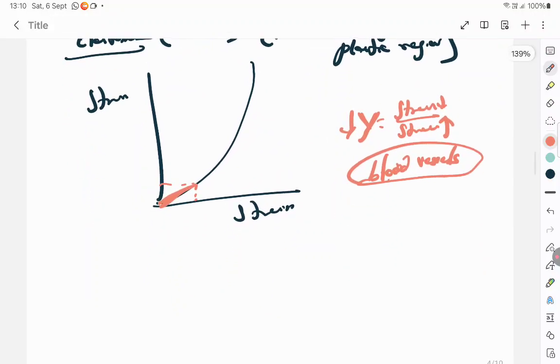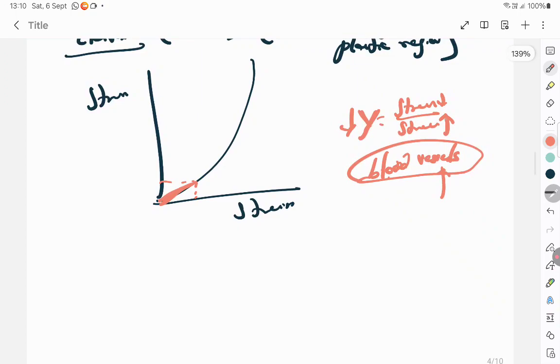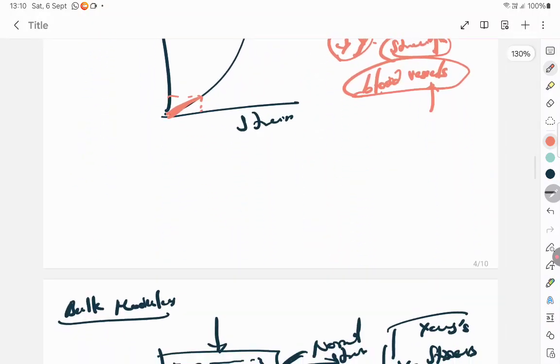Can you see it's like a parabola? The graph itself is non-linear. The blood vessels are elastomers. And Young's modulus, or modulus of elasticity, is stress by strain. As strain is larger for a small amount of stress, Young's modulus is also minimum for blood vessels and elastomers, like a rubber band.